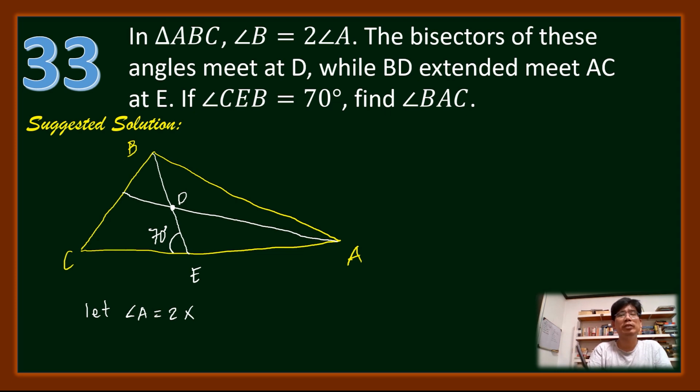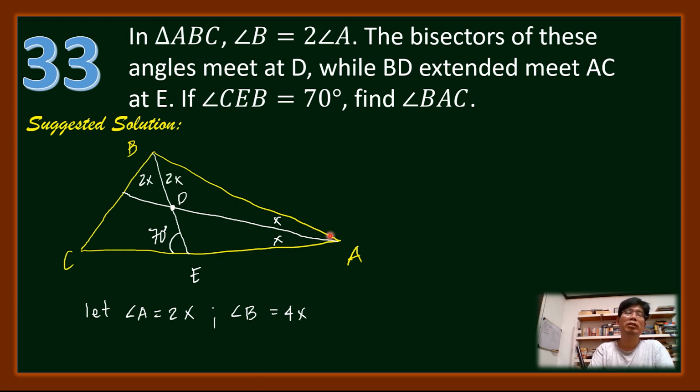So when angle A is bisected, each of the congruent angles formed by the angle bisector measures x degrees. Also, the measure of angle B is twice the measure of angle A, so this is equal to 4x. Then each of the congruent angles formed by the bisector of angle B measures 2x.